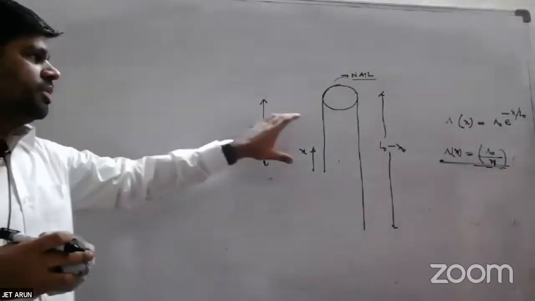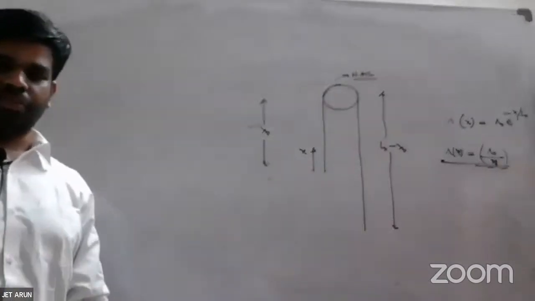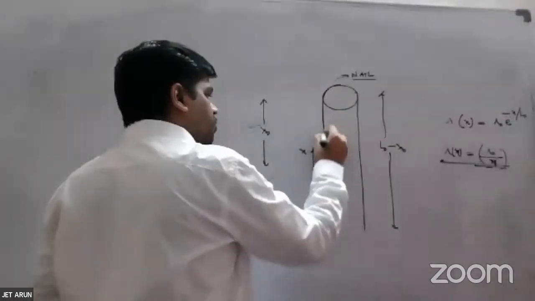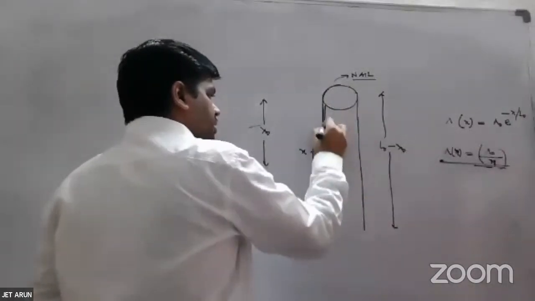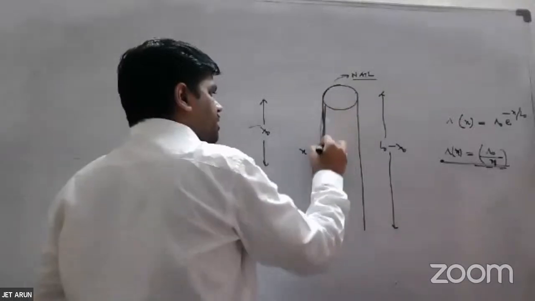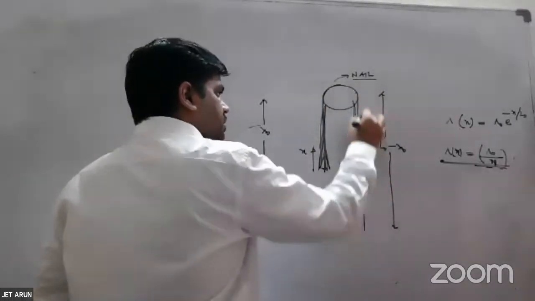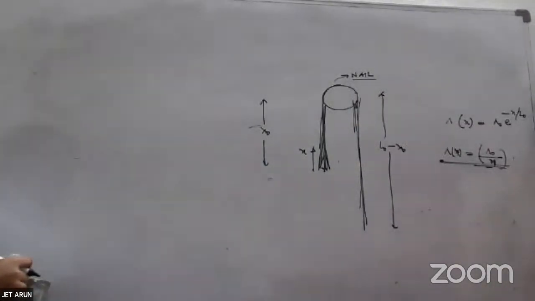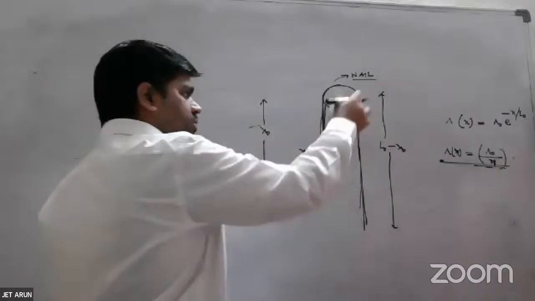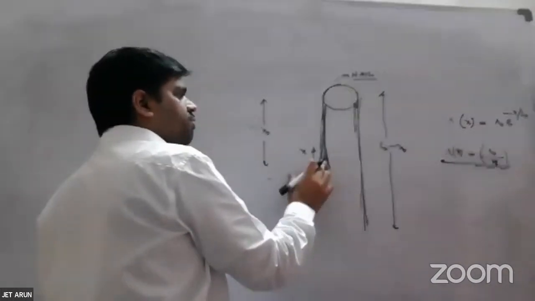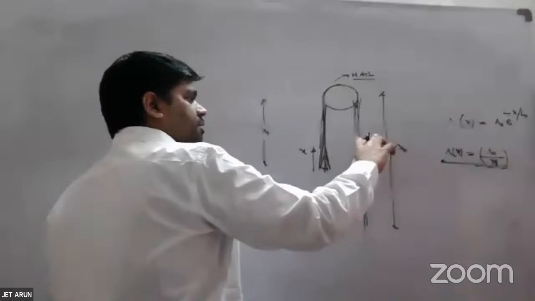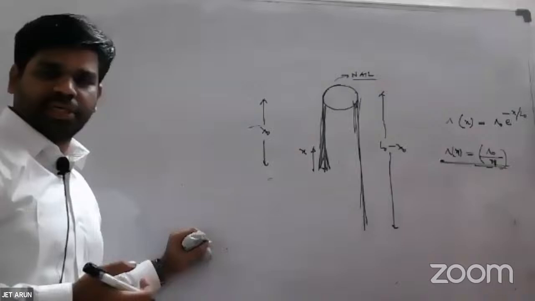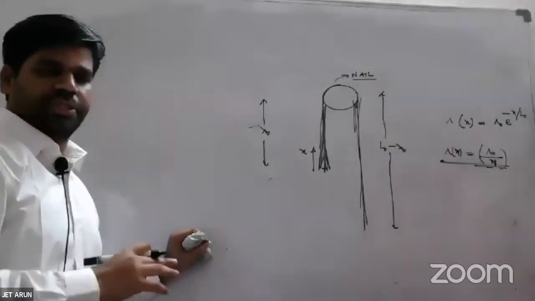X naught will be less than L by 2 and L naught minus x naught will obviously be greater than L by 2, because it is thicker here and thinner here. So to compensate the mass, more length should be on this side and lesser length on this side, because it's thicker. So more mass for the shorter length, equal mass for the longer length. Obviously, common sense says that, right? So the equation should also say the same thing.